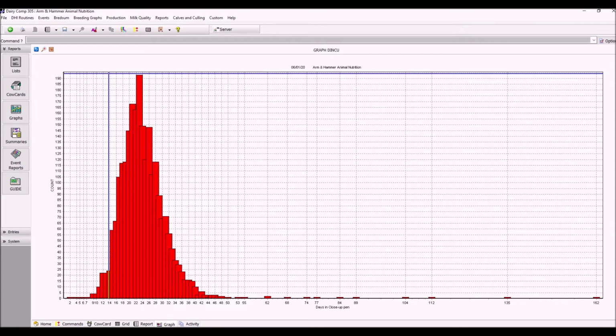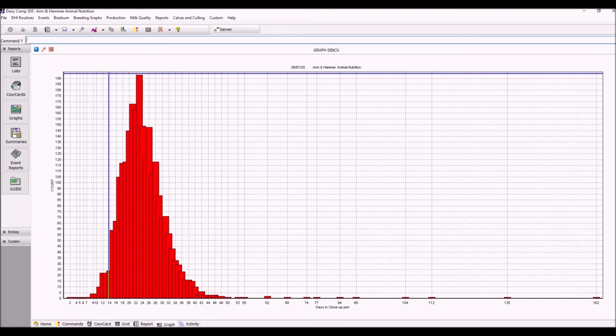Another way that we can look at this kind of graph and the distribution, we're going to use a similar command. So we're going to say graph days in close-up for fresh date less than 365 days. Basically what this is telling the program is to go back 365 days from whatever set that you have in the program.